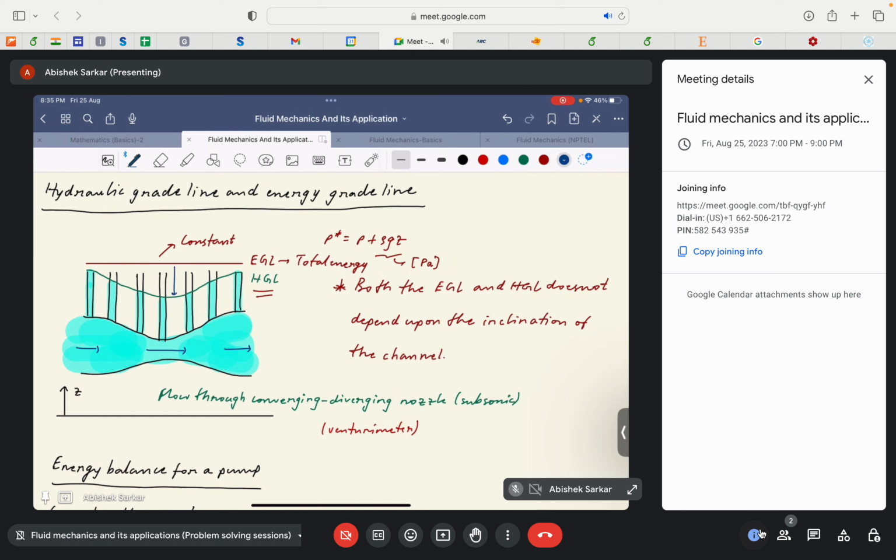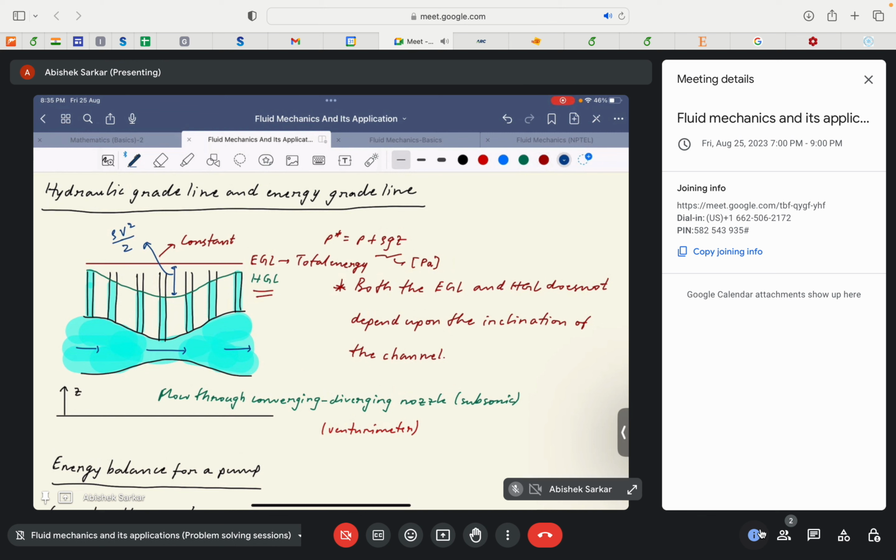Okay, but again, these differences would incorporate the pressure because of the velocity differences.